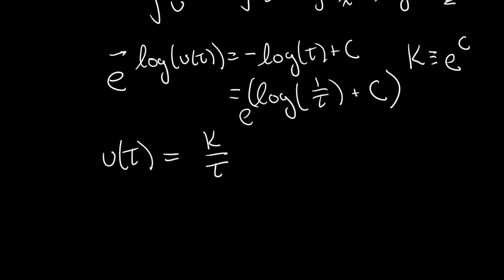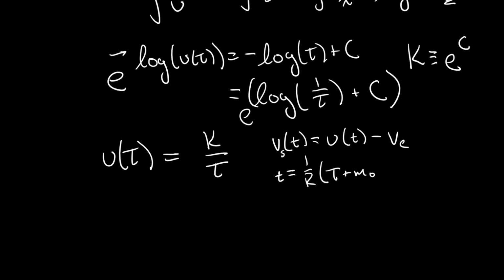So now we just plug things back in, rewriting my expressions. I had v sub s is equal to u minus VE, and I had that t is equal to 1 over r times tau plus m naught. Shifting things around, tau is just equal to RT minus m naught, if I'm not mistaken.